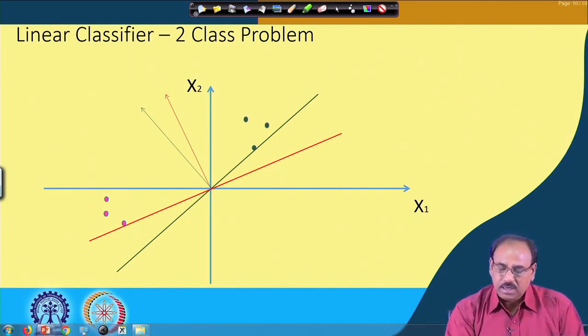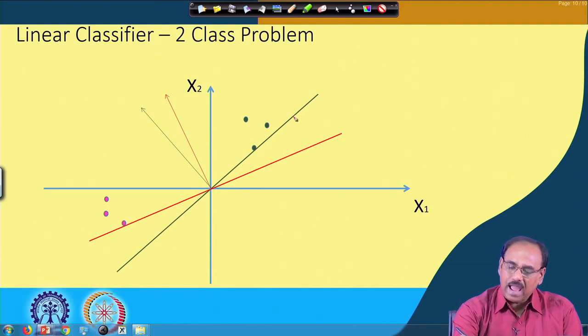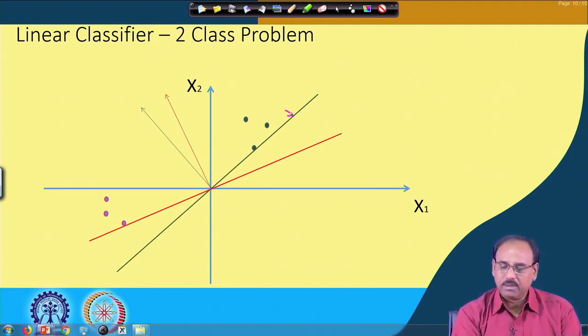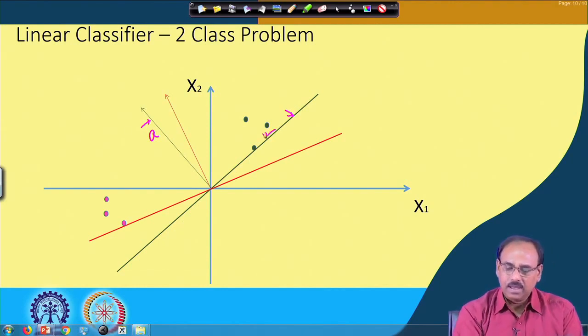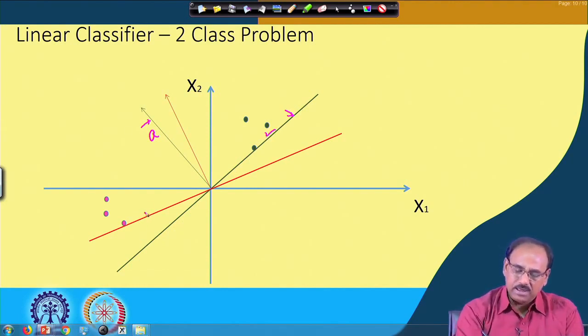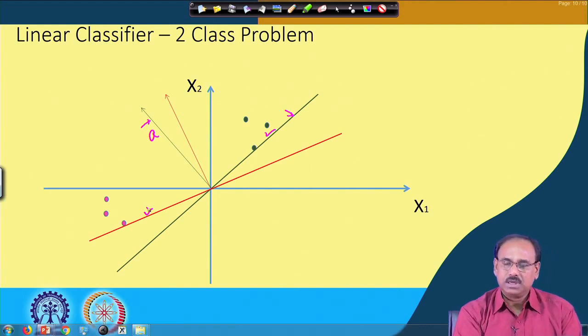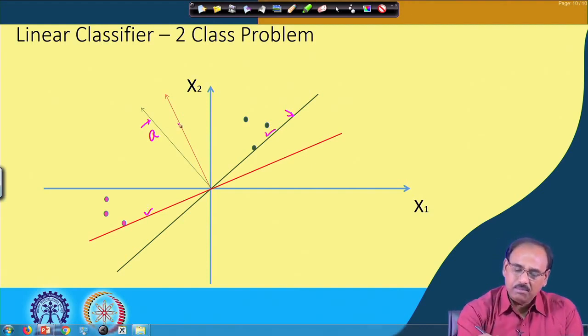Given this, you find that when I have this limiting position of the separating plane, the vector A is this one, which is orthogonal to this particular plane. Similarly, on the other limiting side, when this is the position of the separating plane, my solution vector A is this one.